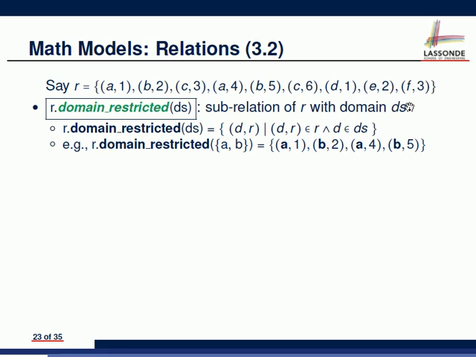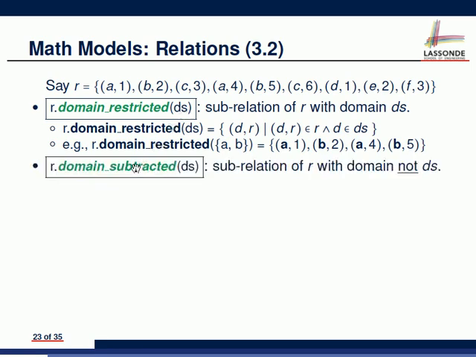Now let's do something very symmetric. In this case, I return a new relation where all the domains are exactly ds. But now let's do the opposite: domain subtracted. I'm going to return another relation where ds is simply not included as domain.